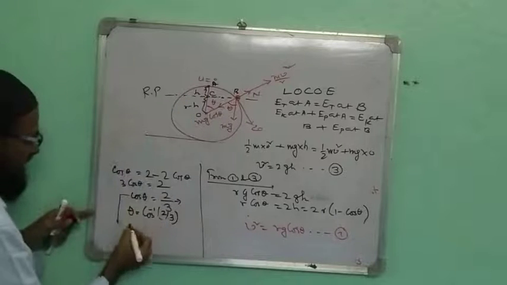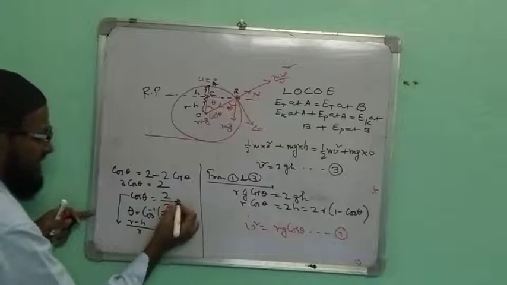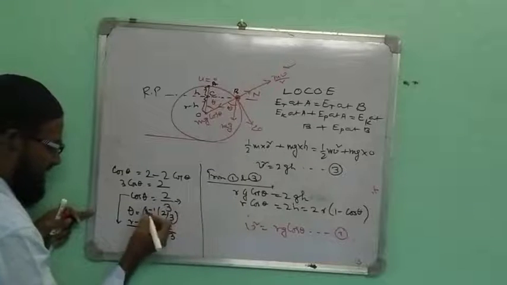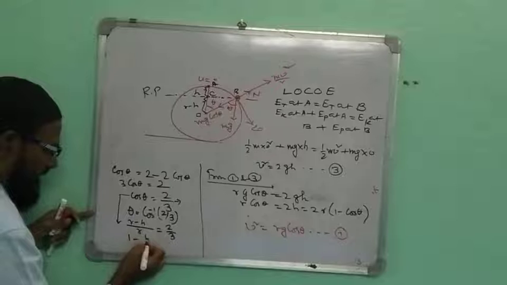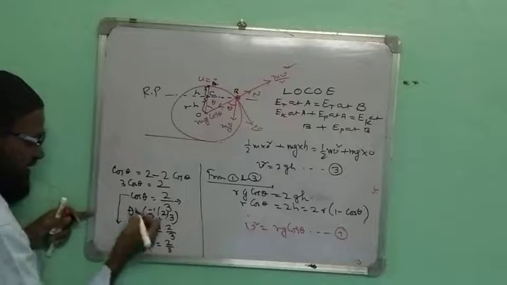Cos theta from the figure is R minus h divided by R, which equals 2 by 3. From here, 1 minus h by R equal to 2 by 3.